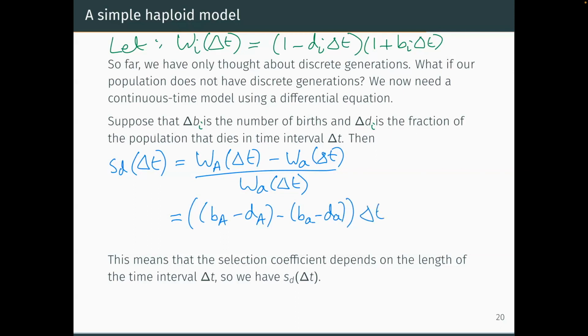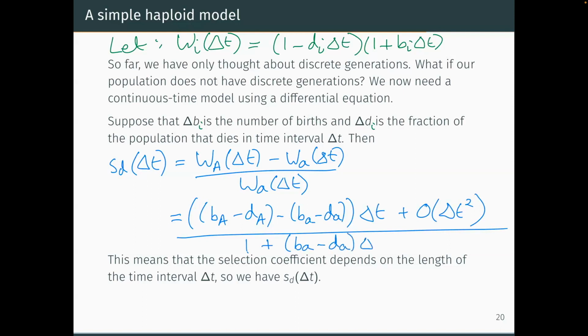It's going to be multiplied by delta t. And then we're going to have something that is of order delta t squared. And then on the bottom, we're going to have 1 plus b sub little a minus d sub little a times by delta t minus, again, something of order delta t squared.